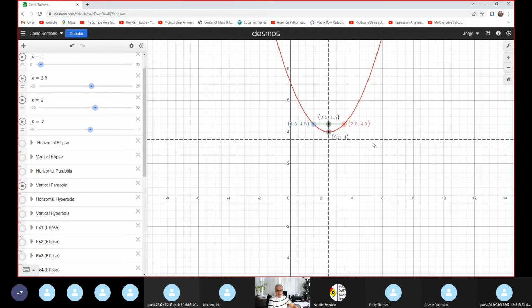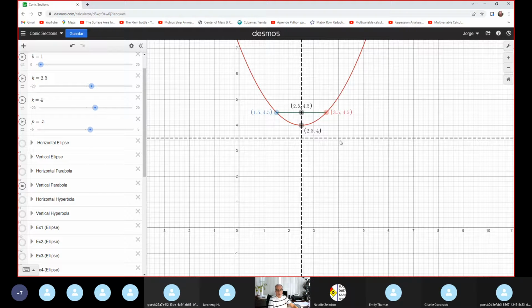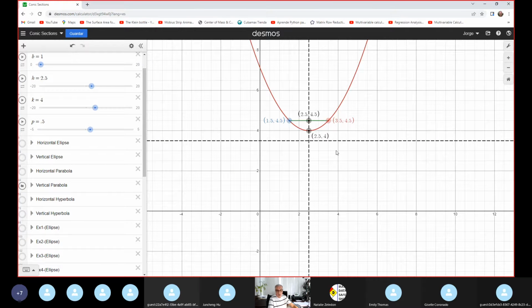The directrix is this line, y equals something, y equals 3.5, because it is p distance down. See, this is 4 minus 0.5, 3.5. Okay. And the axis of symmetry is a vertical line coincident with the H value, 2.5, the line x equal to 2.5. End of the story.